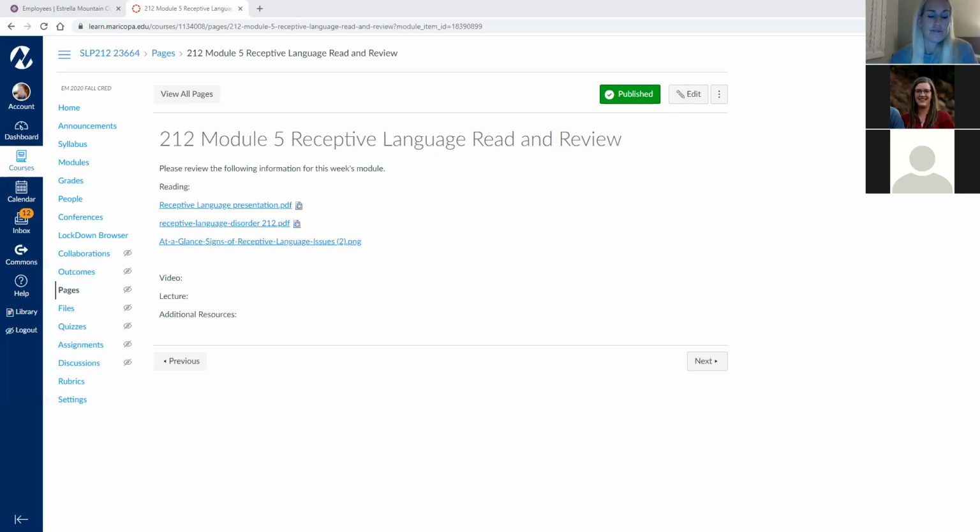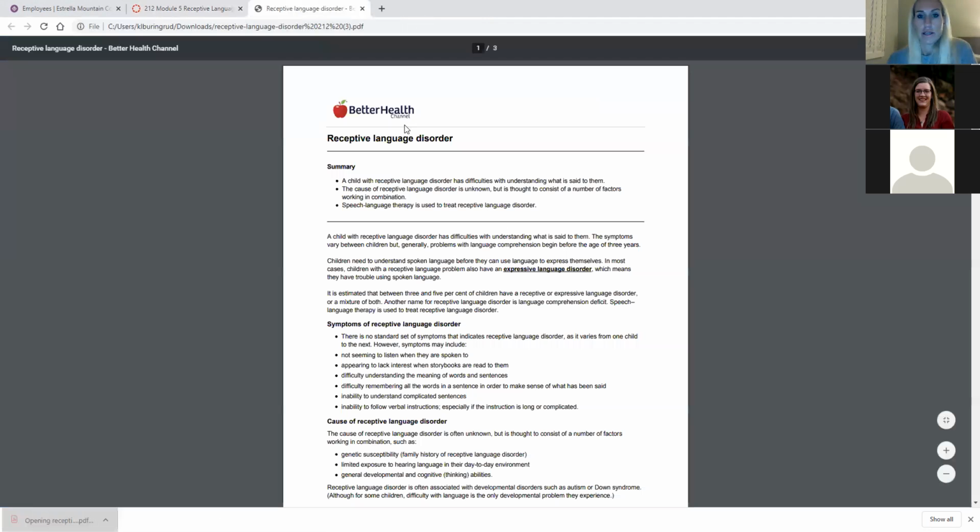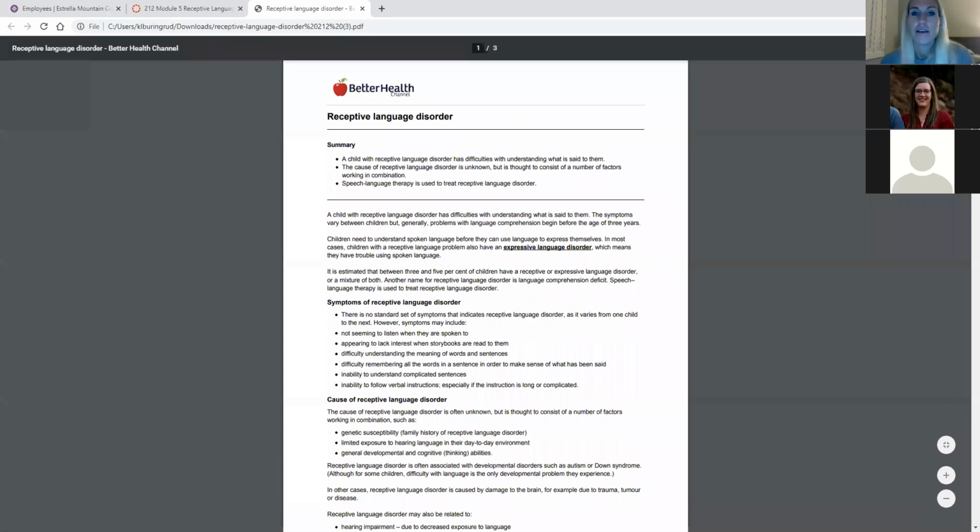I think sometimes you have to use Chrome. I don't know why it gets glitchy. Let me pull one more up. Can everybody see this on Zoom right now? Yes. Okay. Sometimes you have to stop the share and then come back to it.